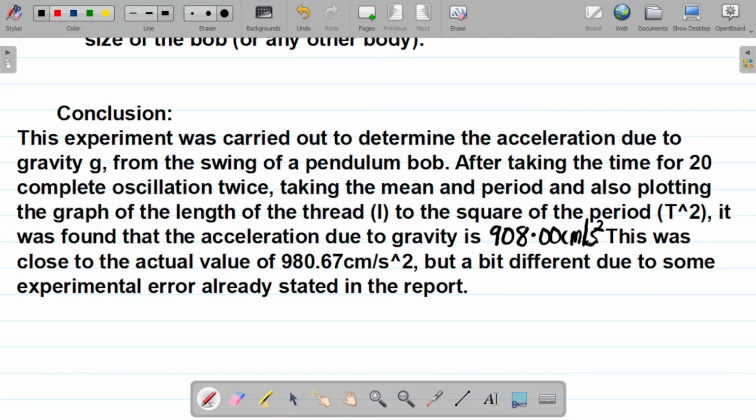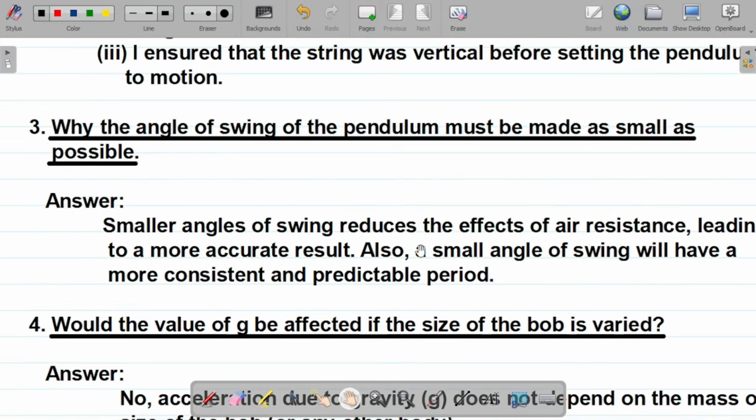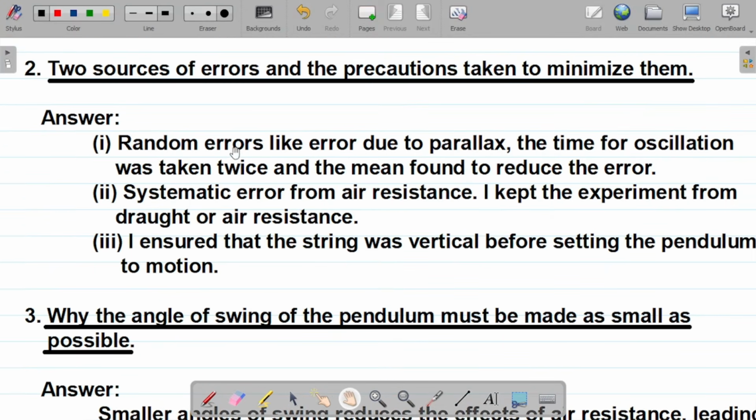All right, so you can put a full stop there. You can say this was close to the actual value of 980.67 cm per second squared, but a bit different due to some experimental errors already stated in the report, which we tried to minimize: the random error, the systematic error, and this one too.